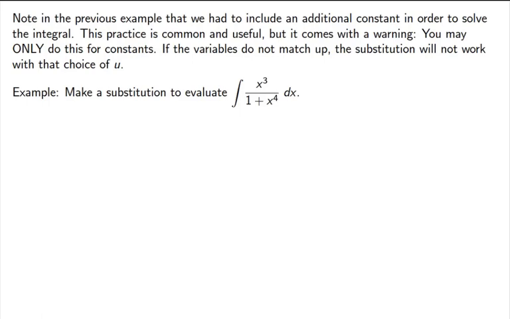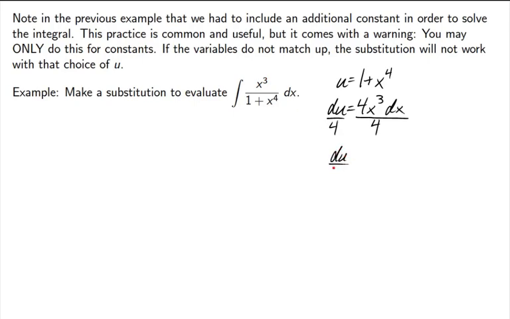Let's do another example. X cubed over 1 plus x to the 4th. This is the one where I told you a good choice is often to let the whole denominator be your u. When I do that, my du is 4x cubed dx. And so I will divide both sides by 4 because I don't have a 4x cubed, I just have an x cubed.